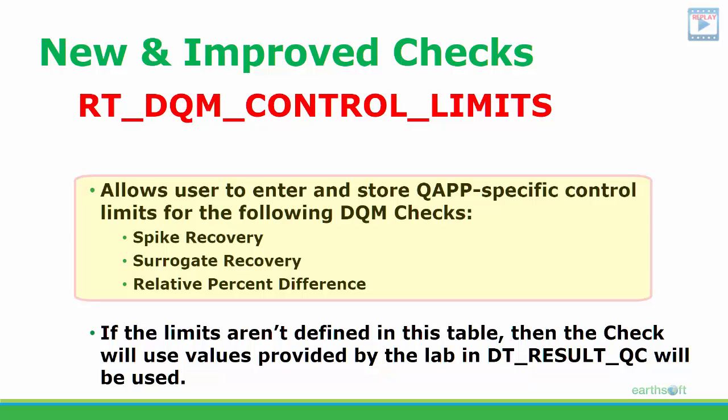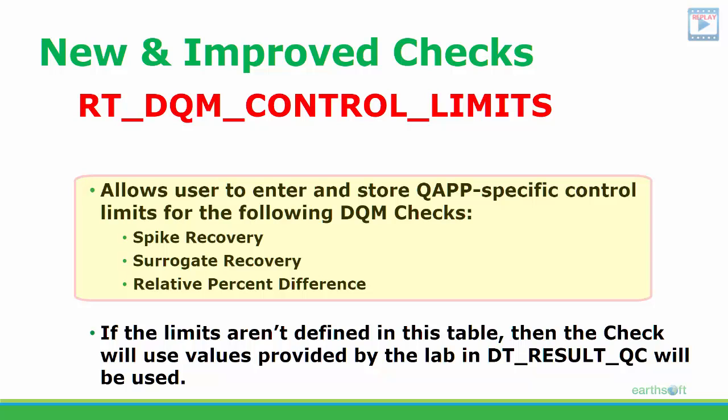So we recognize that not always does a laboratory provide the exact control limits that you need, whether it's an error on their part or maybe you have a project that has QAP-specific control limits. This particular table will allow you to manage the control limits for things like your spike recoveries and surrogate recoveries, as well as your relative percent difference data.